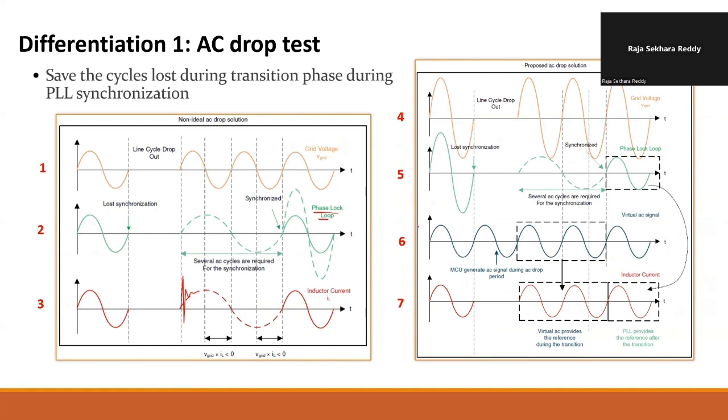Instead, they have created a provision so that when your line cycle drops out, your microcontroller is still generating an AC signal wave, and it uses that to generate your current reference, your IREF. After some time, when the phase lock loop is synchronized, you use that for generating your current reference. So this is the AC drop test.